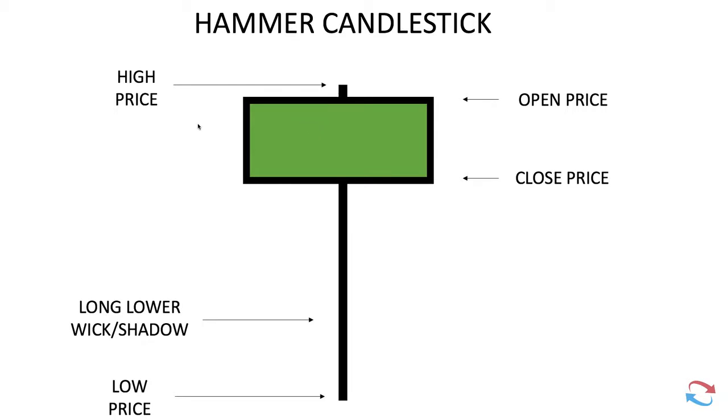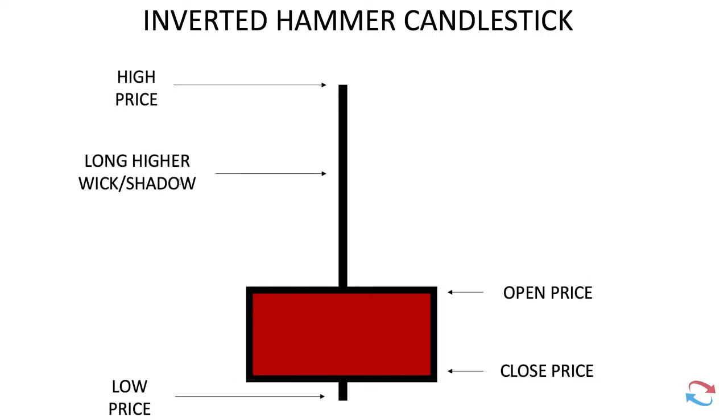Then you also have an inverse hammer candlestick, or inverted hammer, or inverse pin bar, which is pretty much the opposite of the hammer candle. You've got a long wick to the upside, and then you've got the body on the lower side.